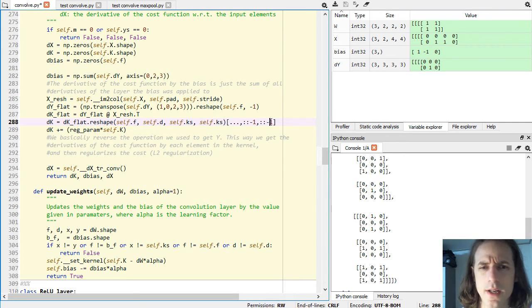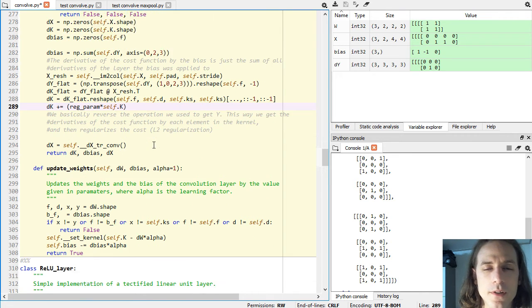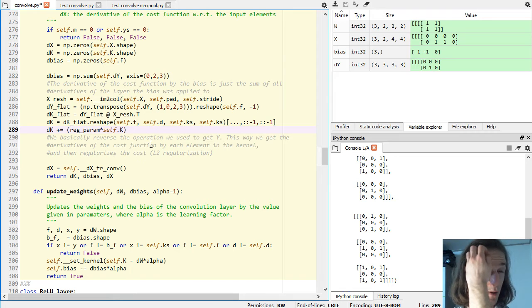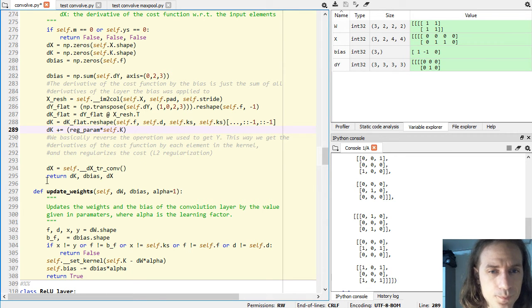So this is how we get the decay. And of course, if we have the L2 regularization, then it means that the higher the kernel is... anyway, don't worry about this part because this is regularization. I'm not talking about regularization now. We do not regularize the bias, so that's why there is no regularization there.